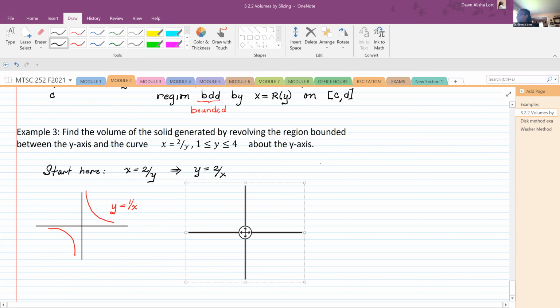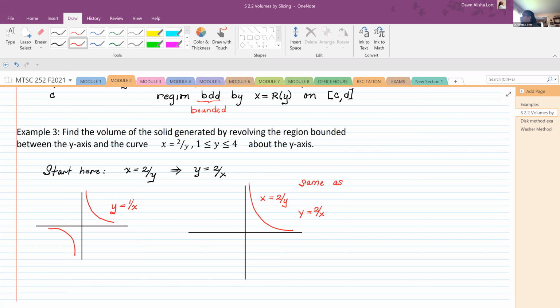So this is the curve y is equal to 2 over x, which is the same curve as x is equal to 2 over y. Remember, I'm not trying to find the inverse. It's the same curve. I'm just writing x in terms of y.